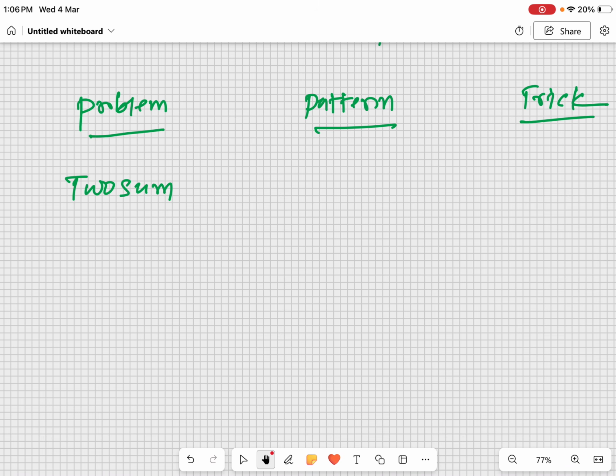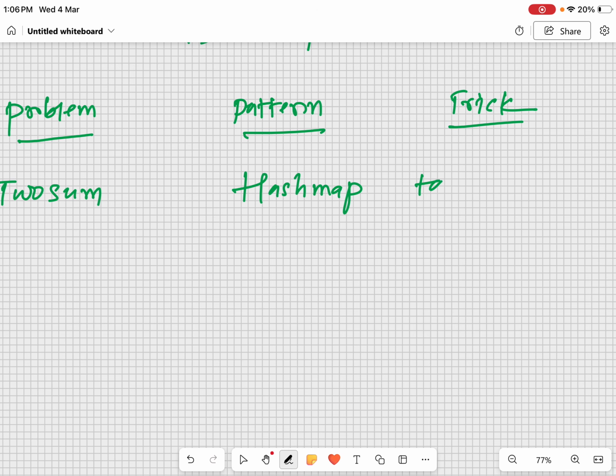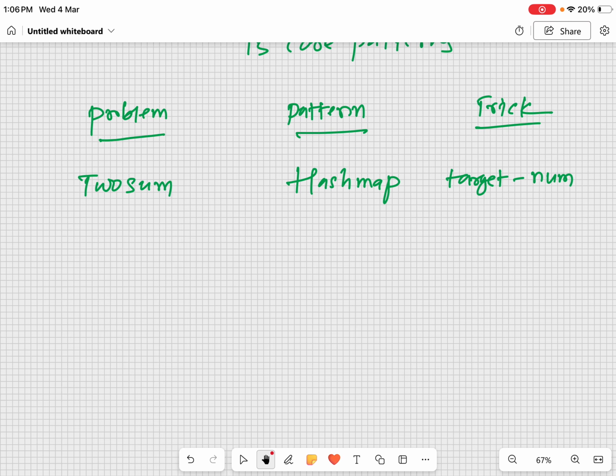Correct? So two sum uses the HashMap pattern. So the trick here is our target minus current number. The next one is, for example, three sum. The pattern we use is the two pointer approach, and the trick we use is sort first.